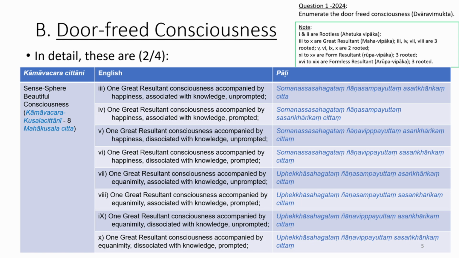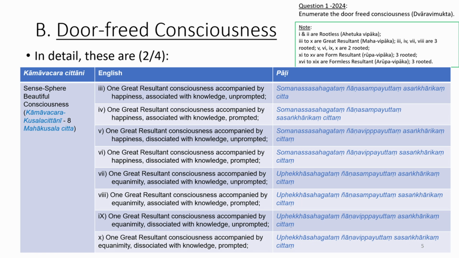Then the third one is the 1 great resultant consciousness accompanied by happiness associated with knowledge unprompted. Sometimes, if time permits, I will write the Pali as well. That means the Mahavipaka Citta, which is Somanasa Sahagata, Jnana Sampayutta Asankarika Mahavipaka Citta.